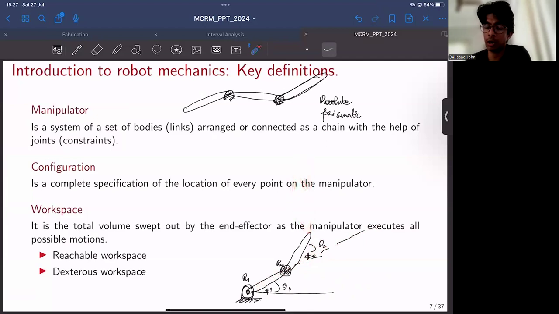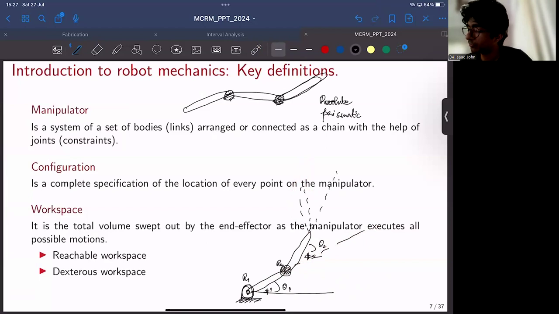So, for example, if we had one more link over here, link 3, the configuration of link 3 would be described by an angle theta 3 with respect to link 2, and so on and so forth. So that is configuration done. And another definition is workspace.